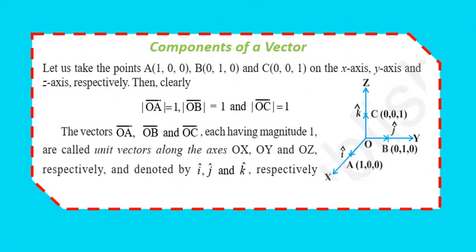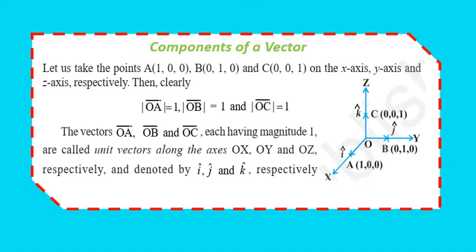Next we have the components of a vector. So on the three-dimensional Cartesian plane we have axes OX, OY and OZ. Taking the points A, B and C at unit distances from the origin, the coordinates of point A are (1, 0, 0), the coordinates of point B are (0, 1, 0), and the coordinates of point C are (0, 0, 1). So the magnitude of OA is equal to 1, the magnitude of OB is equal to 1, and the magnitude of OC is equal to 1.